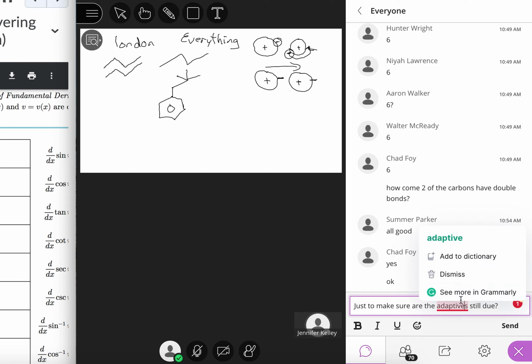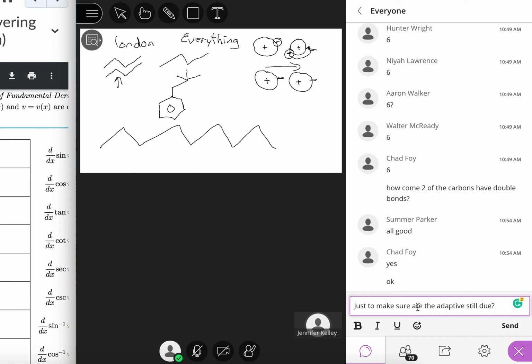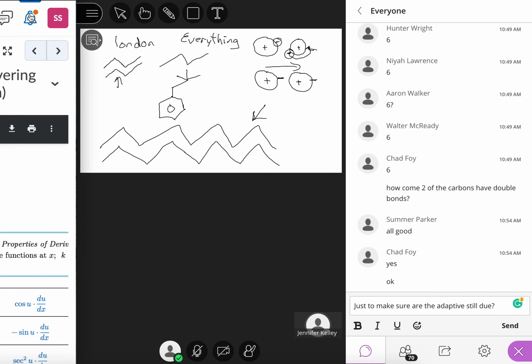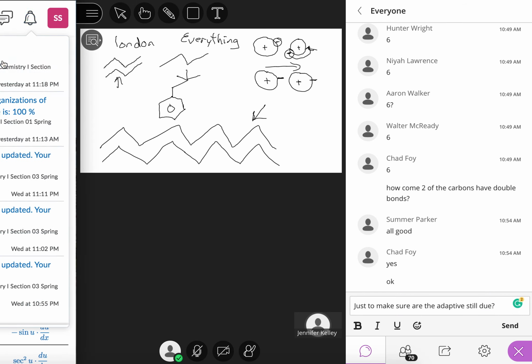That's not going to work out too well. And then if you were looking at something like this one and then compared it to something like this, the bigger the molecule, the more strongly it's held together because it has more London forces. So if you were going to compare these two, this one has more London forces than the other one.